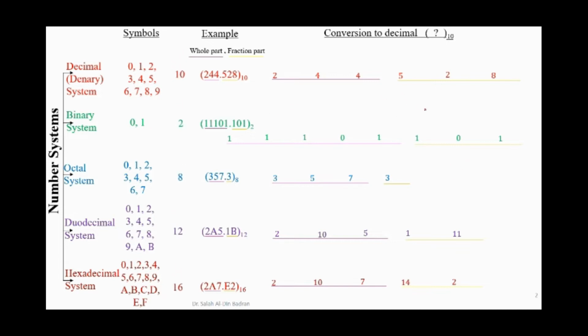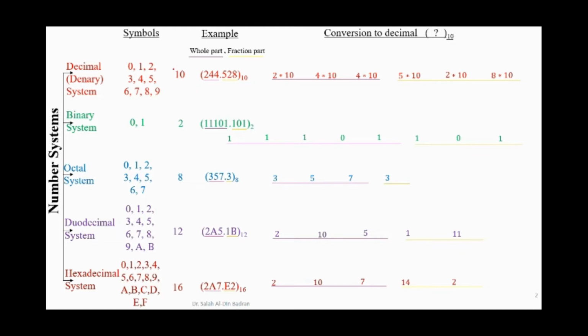The first step, we will use these numbers that represent the total number of symbols of each system: 10 for decimal, 2 for binary, 8 for octal, 12 for duodecimal, and 16 for hexadecimal. We will use these numbers to multiply our numbers in this example.